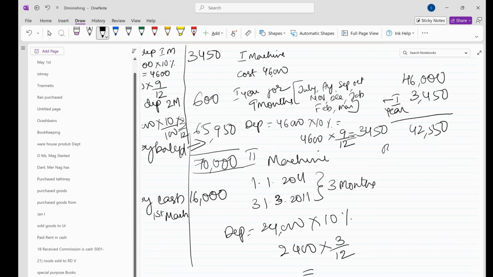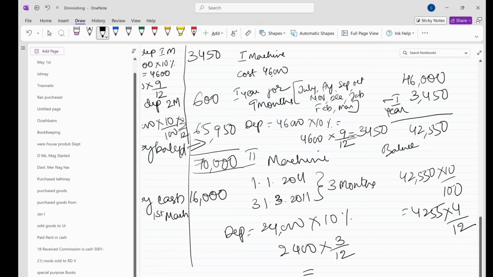Balance. Okay. Second year. Now on 42,550, again 10% is equal to 4,255. But we used it only for how many months? 4 months. 4 months we sold it.